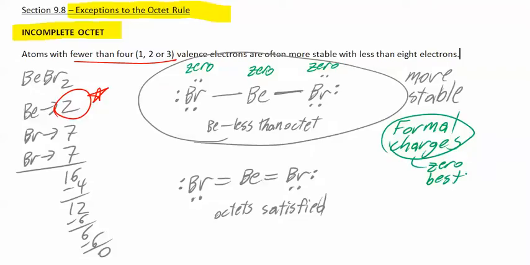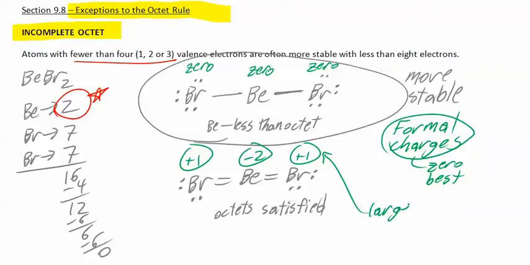In the bottom structure, it would be +1 for bromine, -2 for beryllium, and +1 for bromine. Those are larger formal charges. That's bad or unstable. So both are valid resonance forms, but if it asks you for the best one, you want the one that has 0 formal charges, 0, 0, 0.